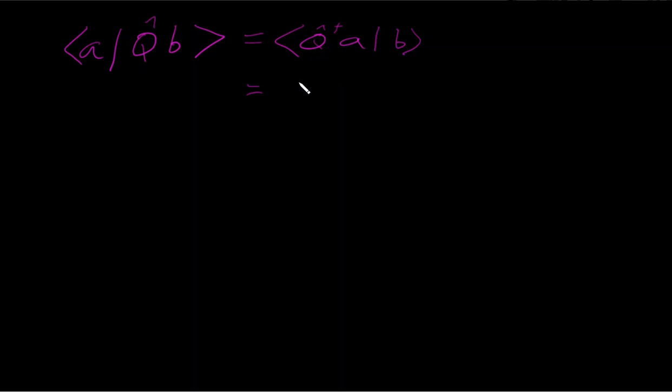I'll give you a little bit of a baby proof of this. I'll work with this side. Remember, with our kind of bad notation, this is Q dagger acting on A, inner product with B, times this B ket vector. I don't even need those parentheses there.